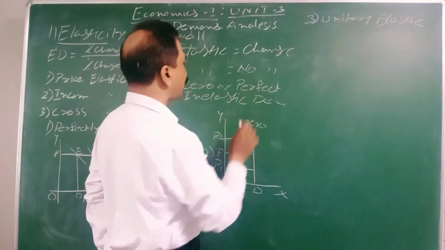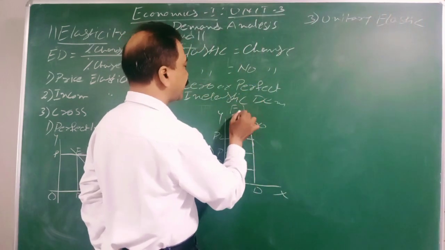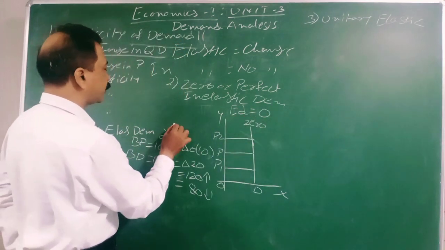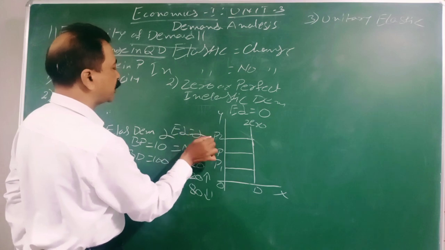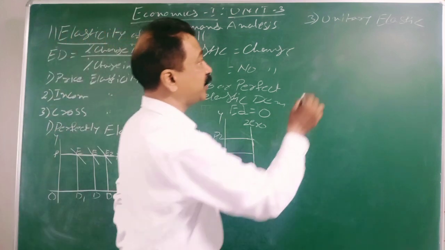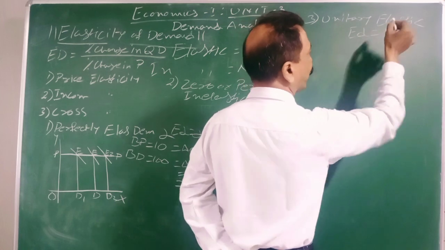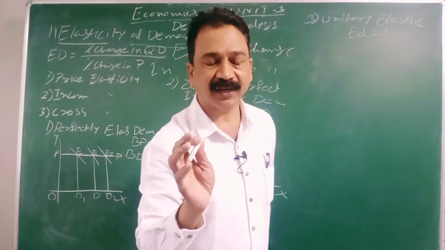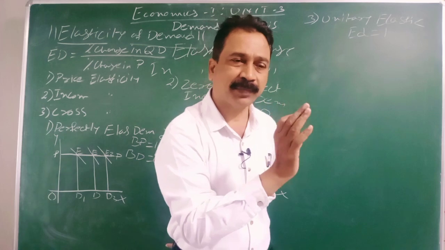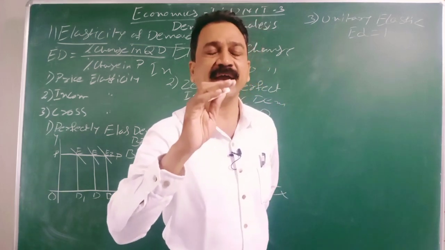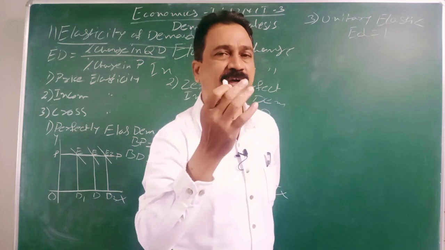So here for zero elastic, we generally put ED equals 0. For perfectly elastic, ED equals infinite. For unitary elastic, ED equals 1. Exactly whatever change happens in the price, the same change happens in the demand. If price changes by 20%, demand changes by 20%.